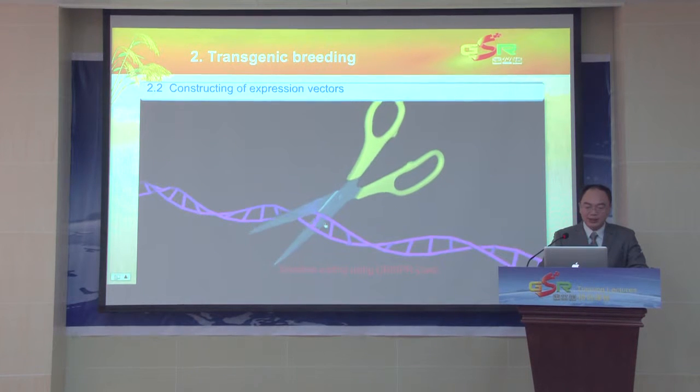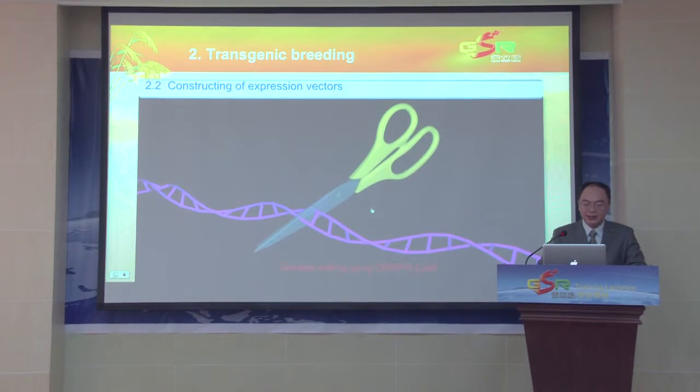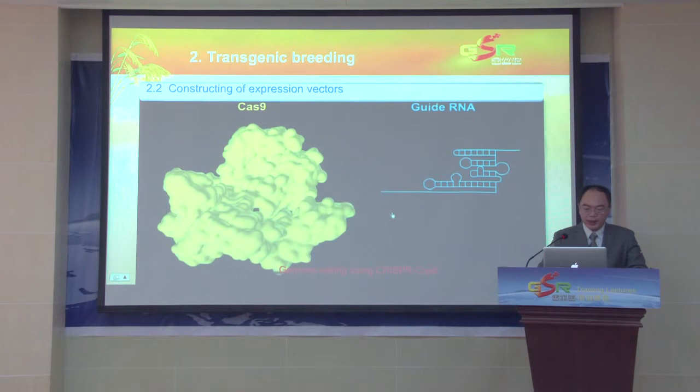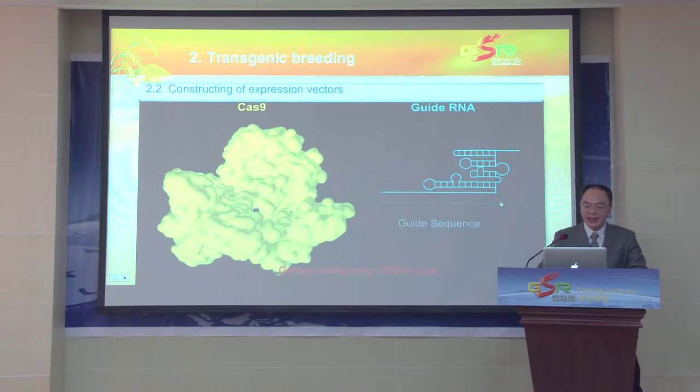It can specifically cut the DNA sequence. In order to knock out a gene, we need to introduce Cas9 protein and a guiding RNA construct. In this guiding RNA, we must include a specific sequence. It's a target sequence.